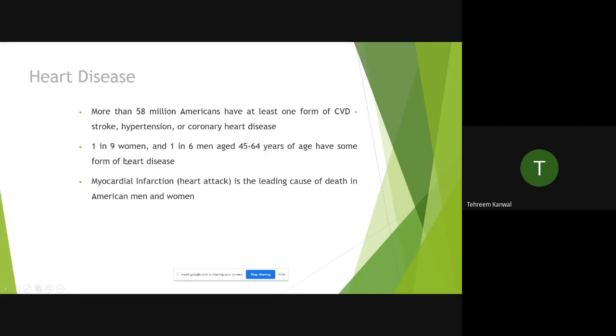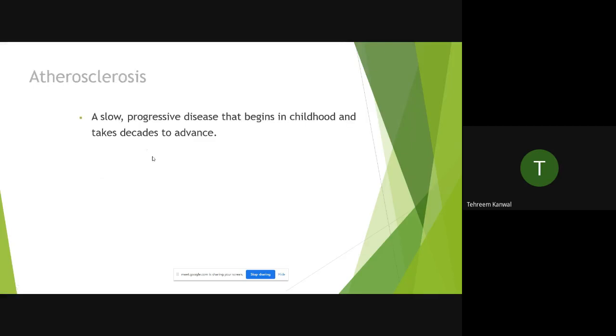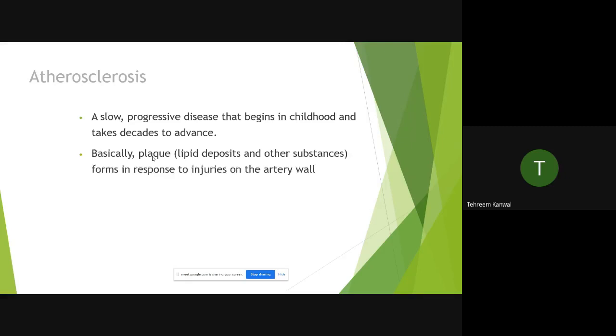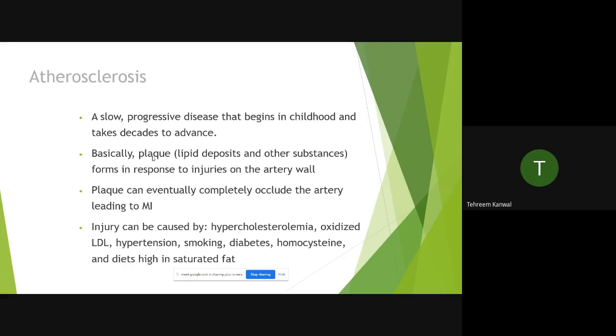Otherwise, women are protected from heart disease due to the presence of a special hormone in them, which is oxytocin. So what does the cholesterol cause, which leads to a heart attack? The cholesterol causes accumulation within the lumen of the arteries which carry blood to the heart or the brain.